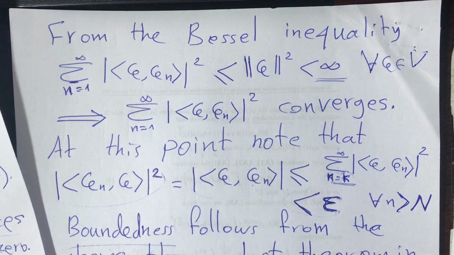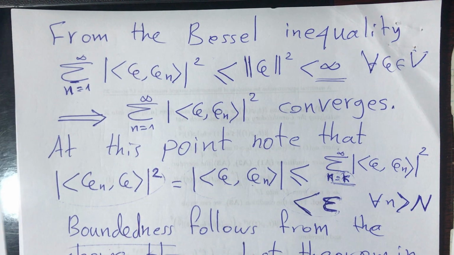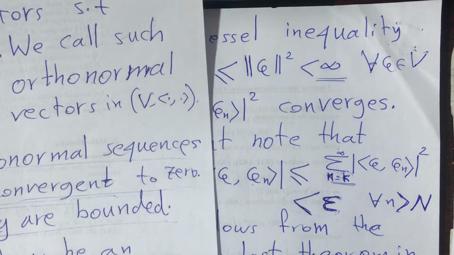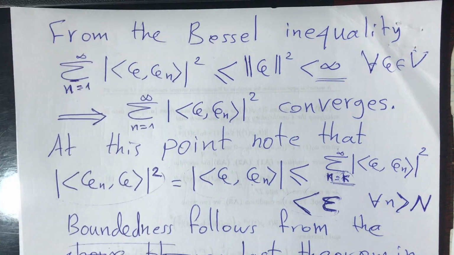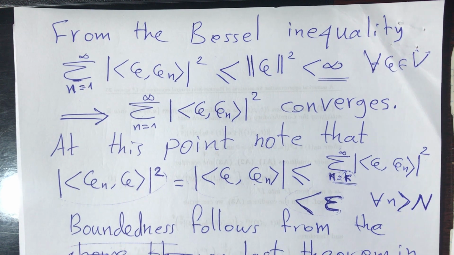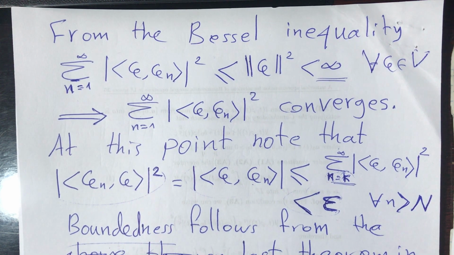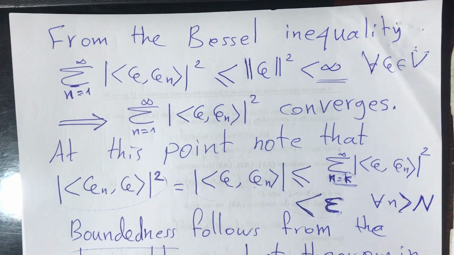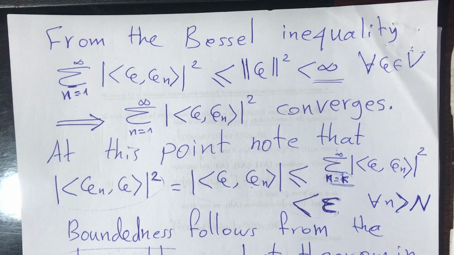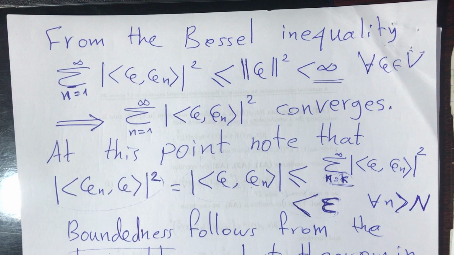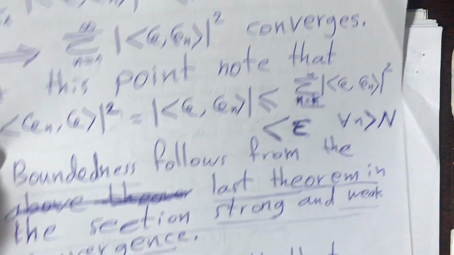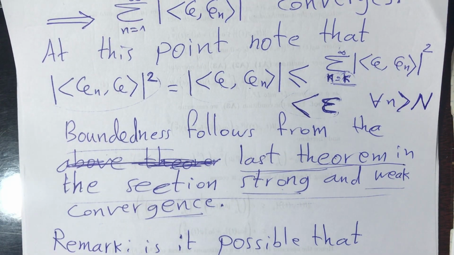And boundedness: they are bounded. Boundedness follows from the last theorem in the section on strong and weak convergence, which implies this will be bounded.